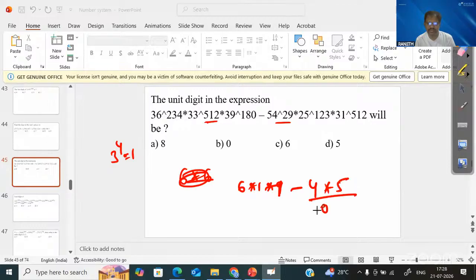So it will be equal to 0. 6 minus 0 equal to 6. Okay.